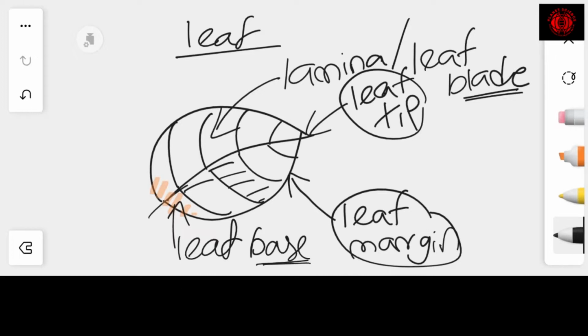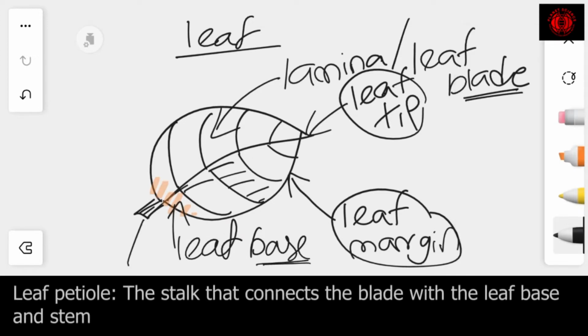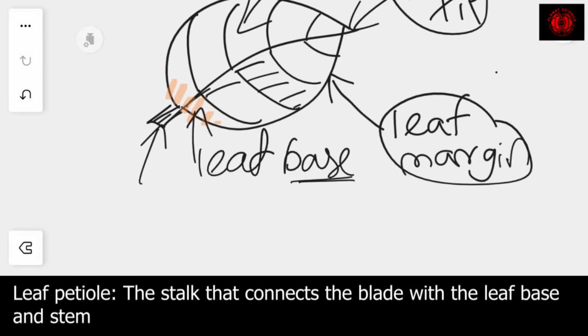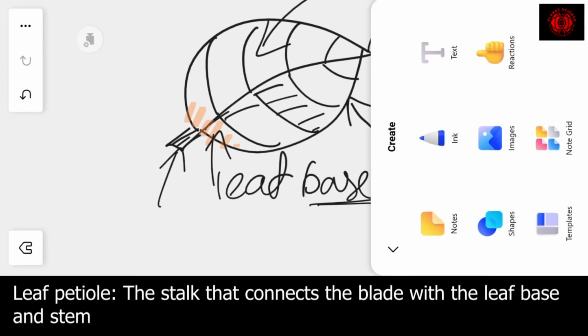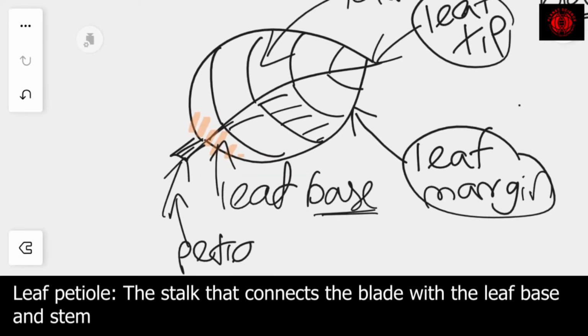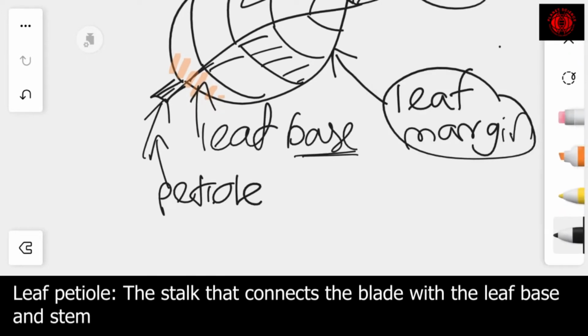And as I mentioned in the previous video, this part helps to connect this leaf with the stem. This is the leaf petiole.